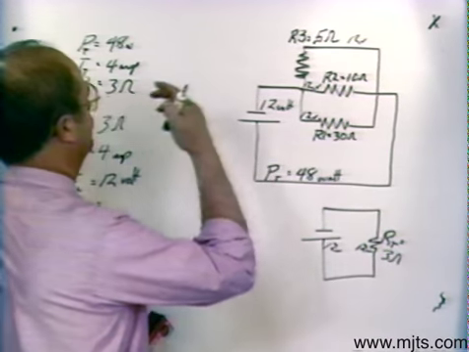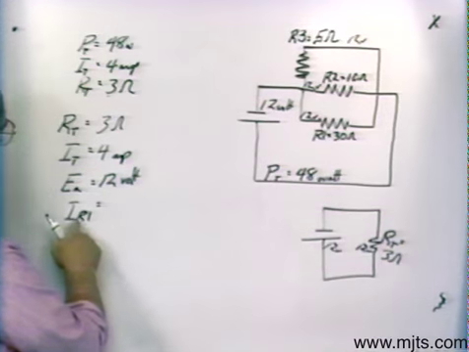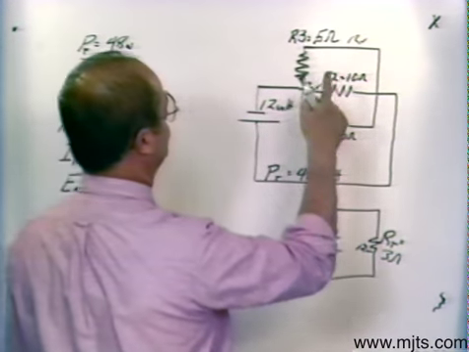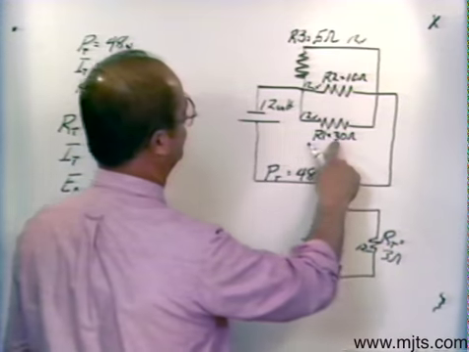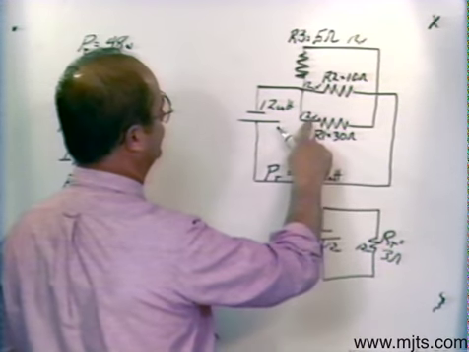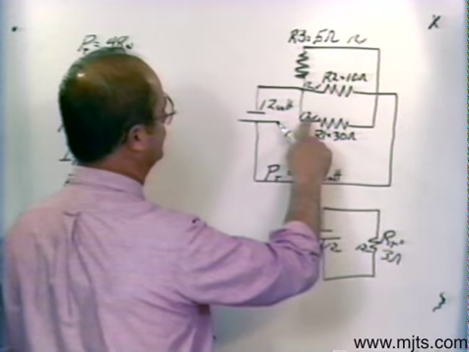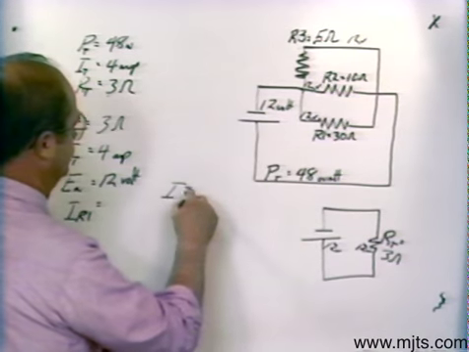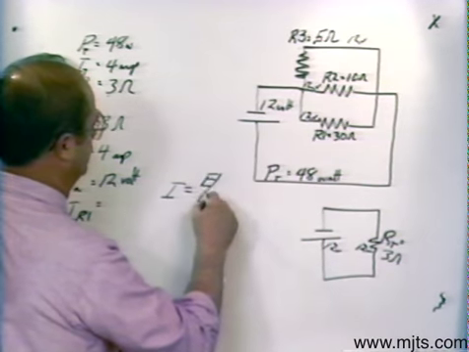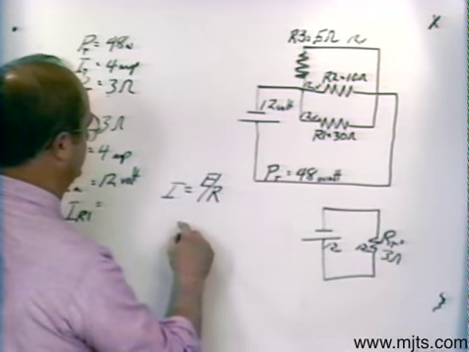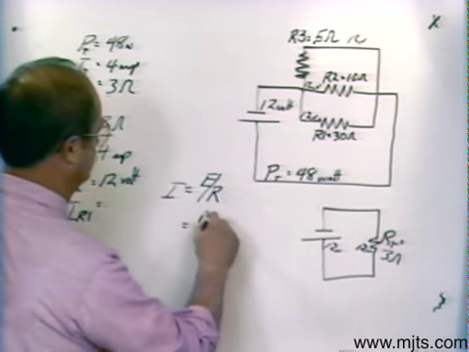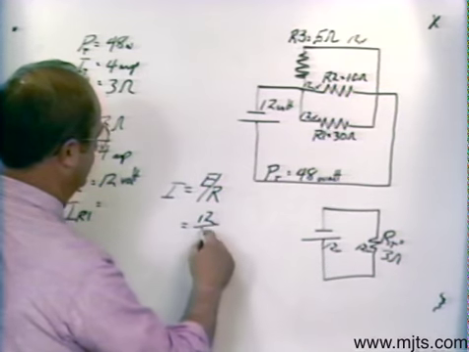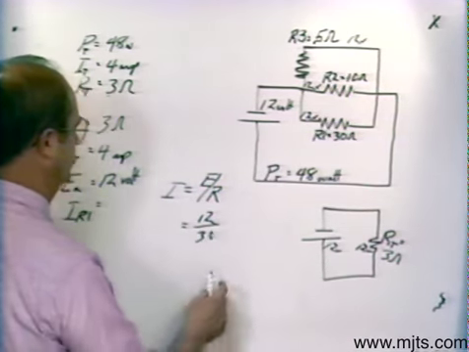Now, we want to find the current through resistor number 1, which is this resistor right here. We have 30 ohms there, and we also have 12 volt. To find the current from Ohm's law, we take the voltage and divide it by the resistance. Our voltage is 12. Our resistance is 30.